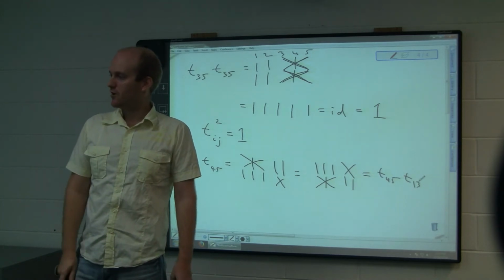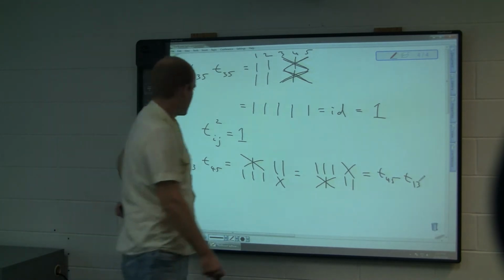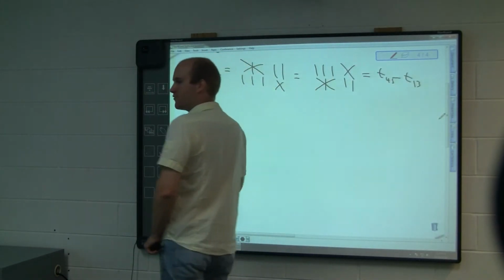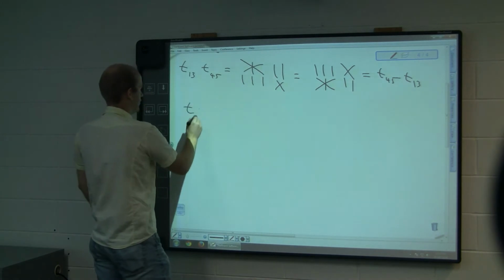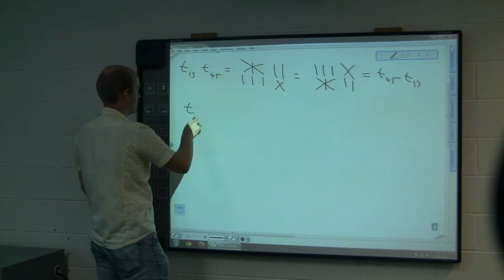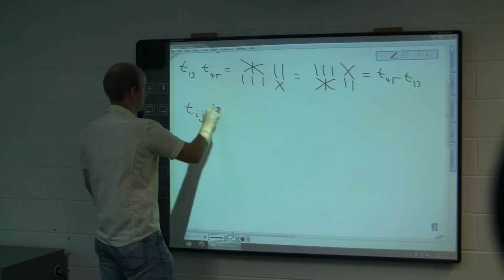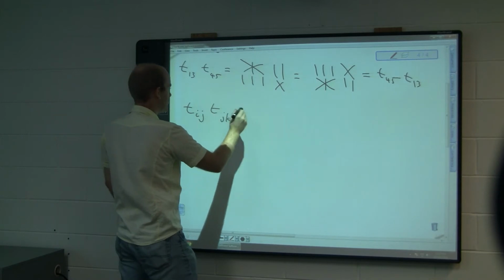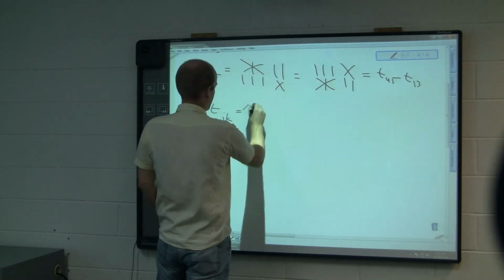The last equation is a little bit trickier. I'll just write up a special instance of that. So for example, T1. In fact, let me just do it with the completely general case. So Tij, Tjk.